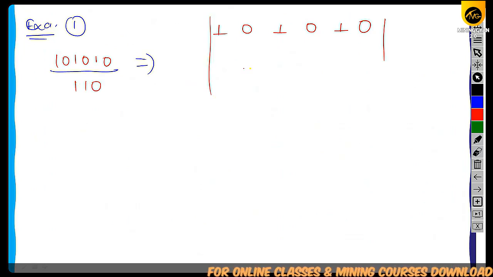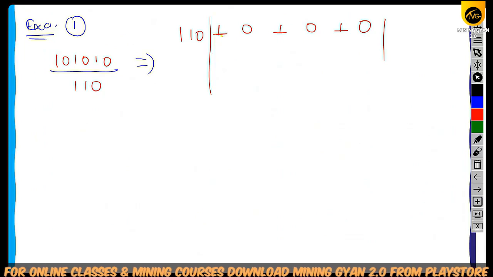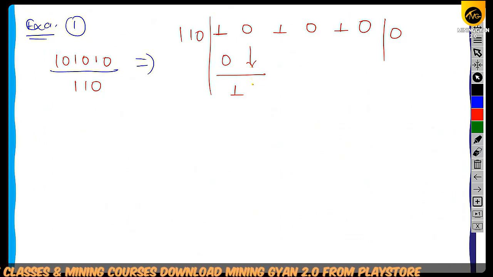Now for the 110, you can see that if you take the single leftmost number, which is the 1, 1 is less than 110, so that's why it goes 0 times. So it will be 0. Okay, 1 minus 0, it will become 1. Now take the second digit, which is the 0.